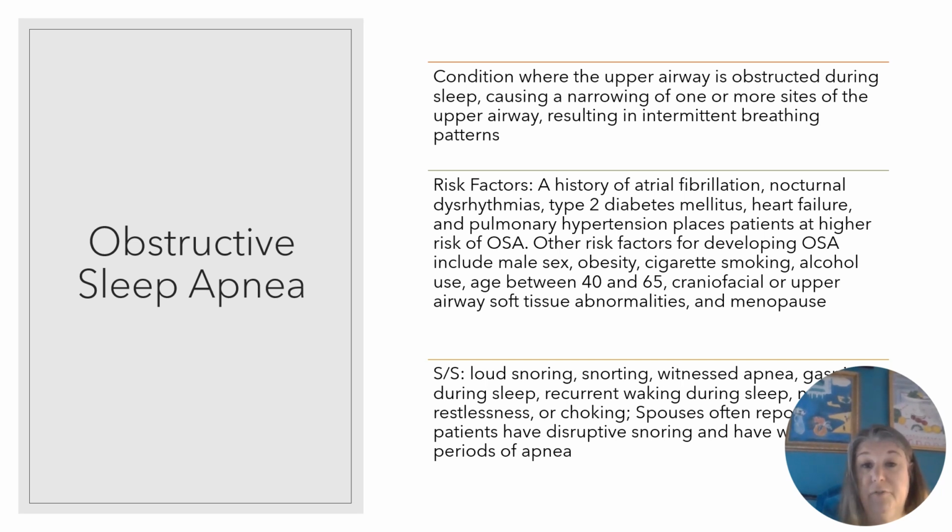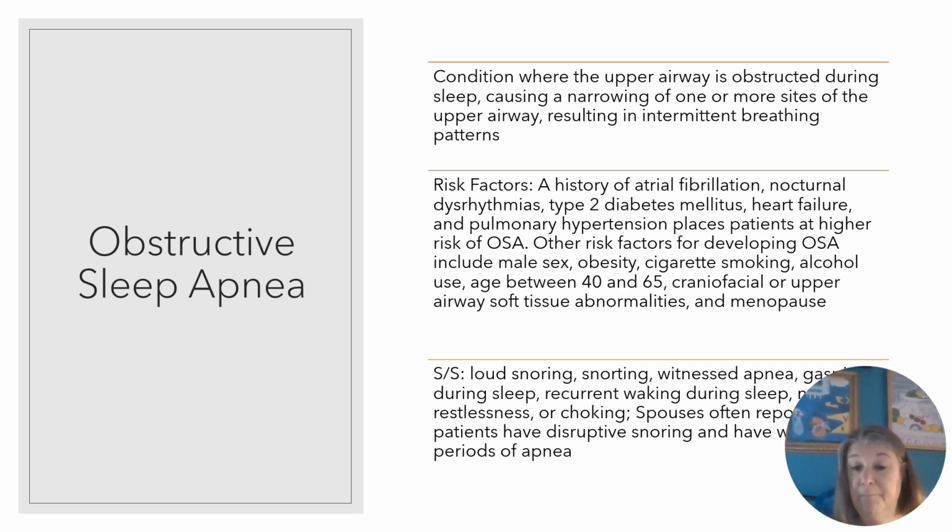So risk factors for this, if you already have a history of AFib, if you have any nocturnal dysrhythmias, type 2 diabetes, heart failure, pulmonary stuff. One of the other big things is if you are overweight, because if you're overweight, you have a lot more adipose tissue around your neck. So when you're laying down, it's more likely for that adipose tissue to shift back.